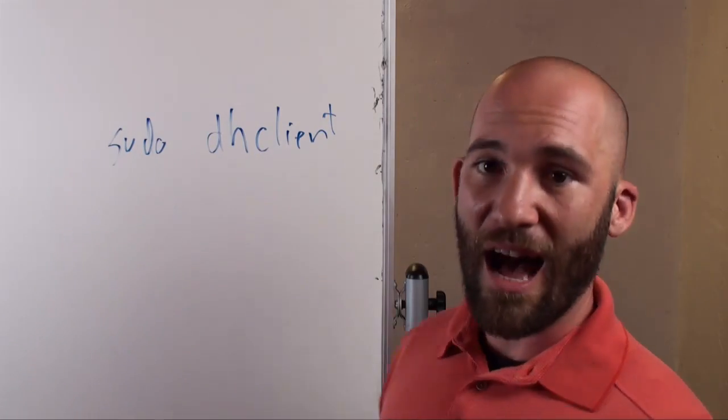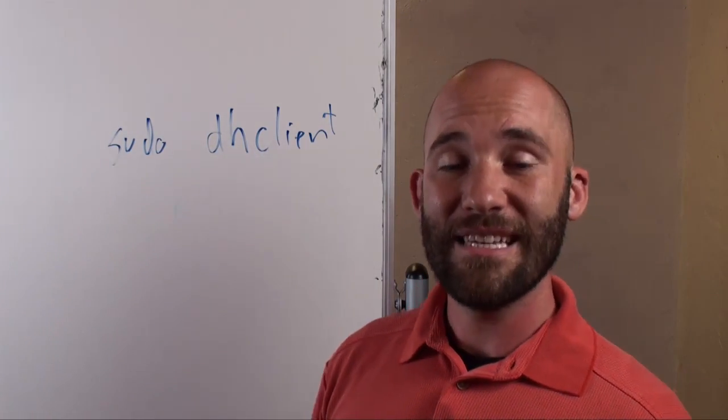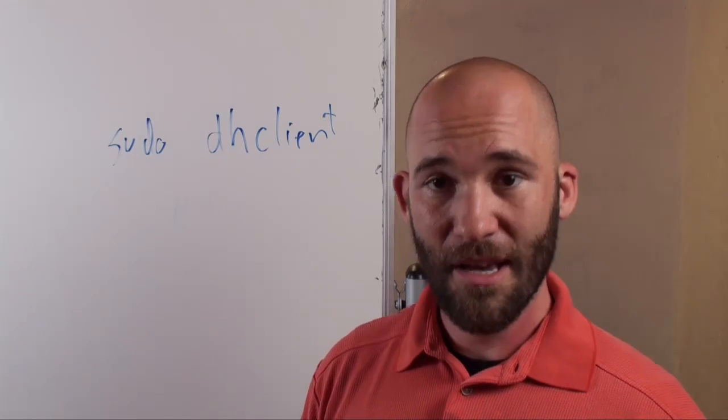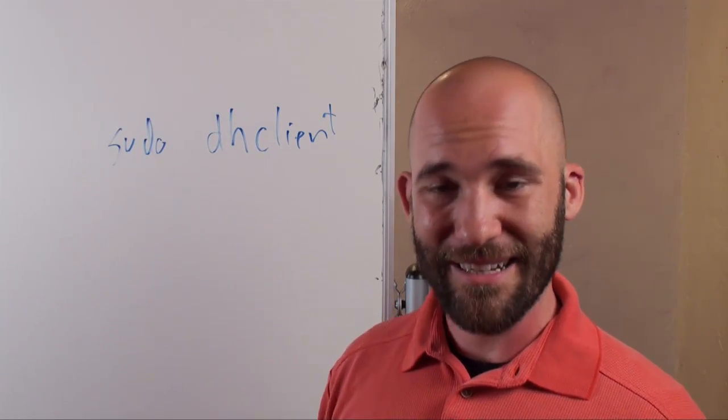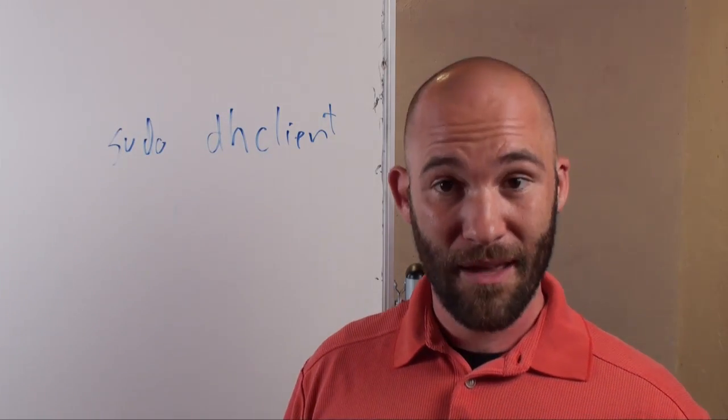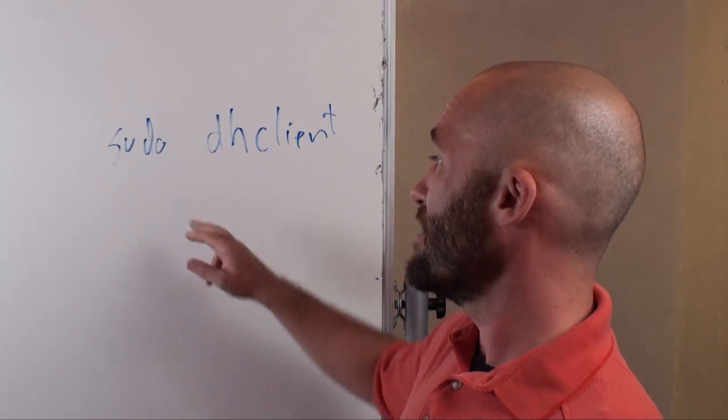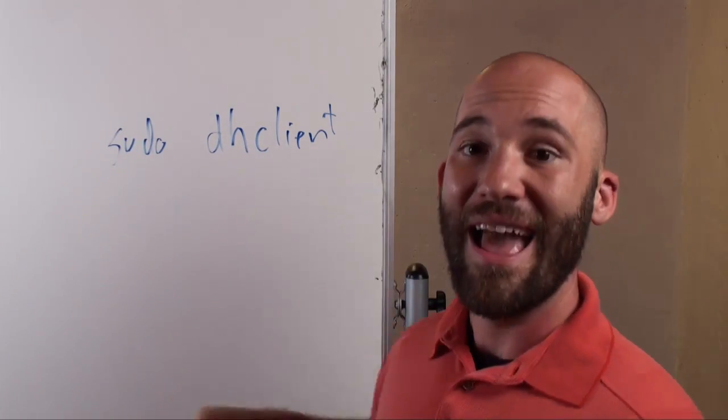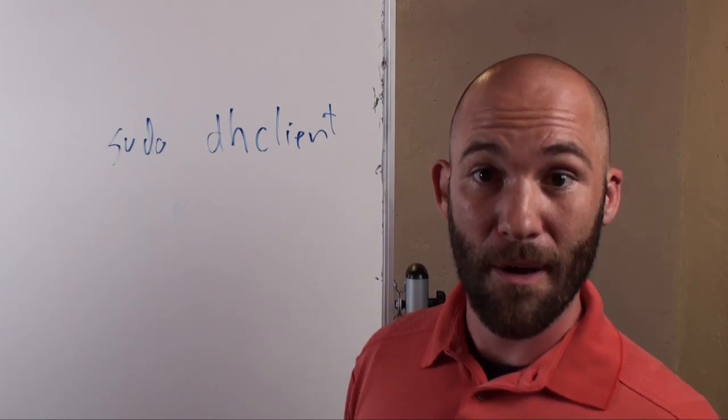So dhclient will release and renew your IP address. If your network is acting a little weird, and you think it might be because you have a bad IP address, just run sudo dhclient, and this will release and renew your IP address.